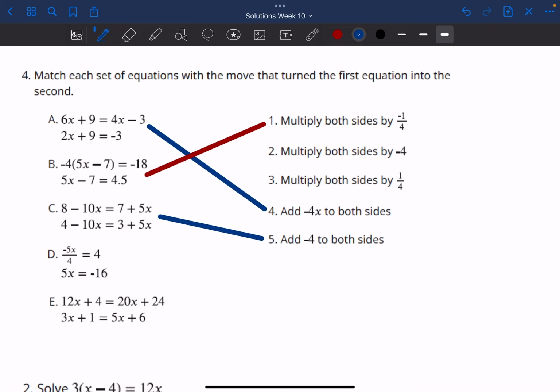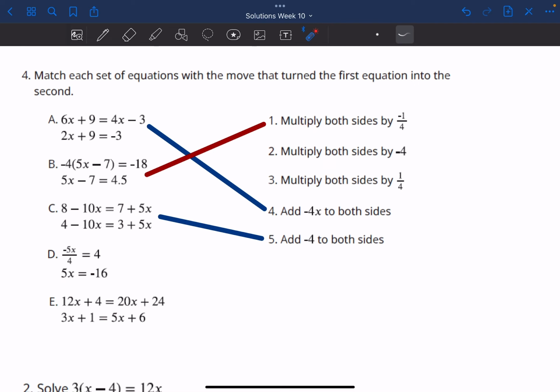Okay. Now, as we continue going, we have basically negative 5x over a fraction, and then here we have just 5x. So we want something that would get rid of the denominator of that fraction, and we also want something that would change it from negative to positive. So we're going to multiply by a whole number here, and we really only have two choices.